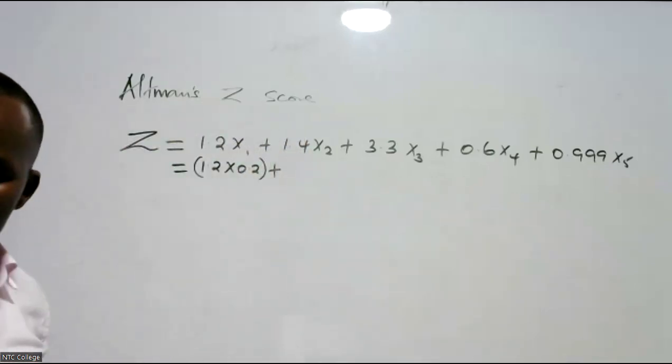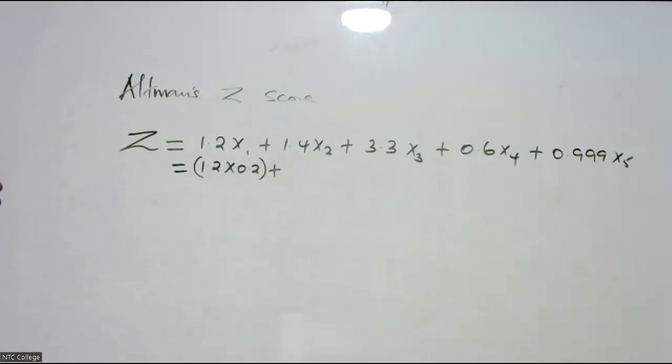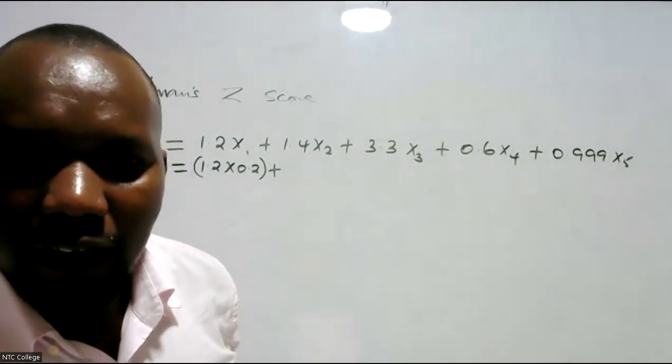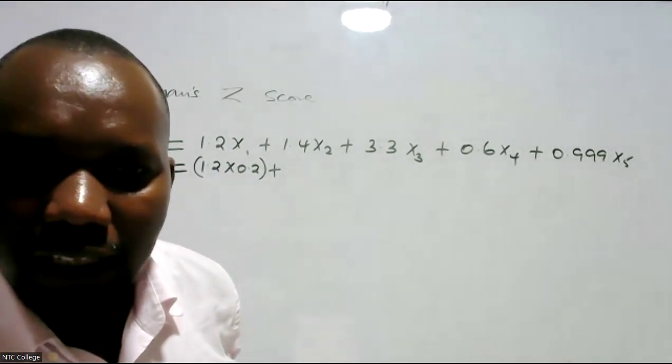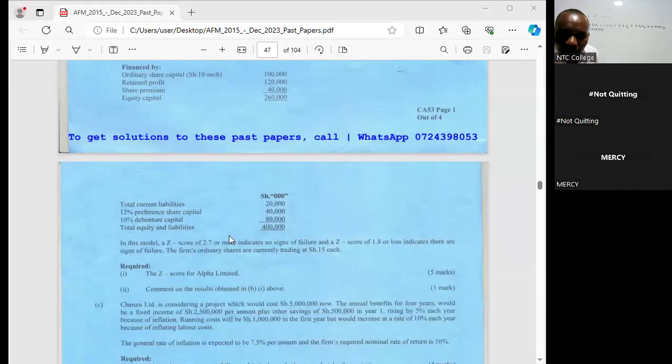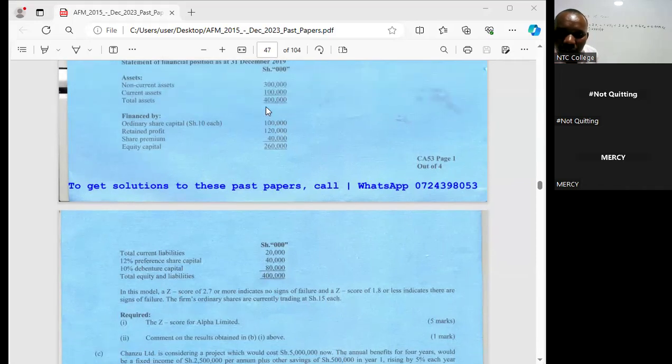We are now on retained earnings. So retained earnings all over total asset. What is the retained earnings? Given here, retained profit, which is 120, all over total asset, which is 400.